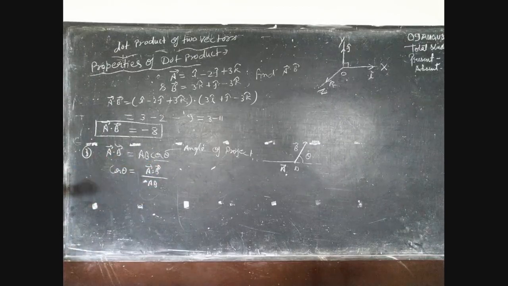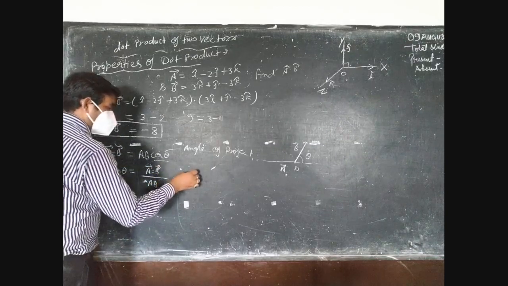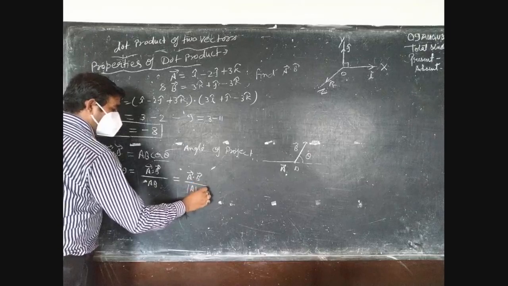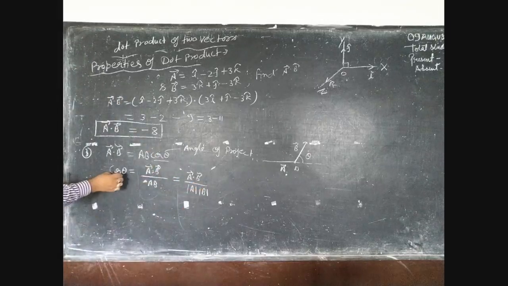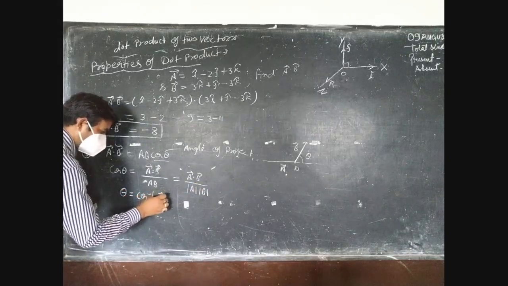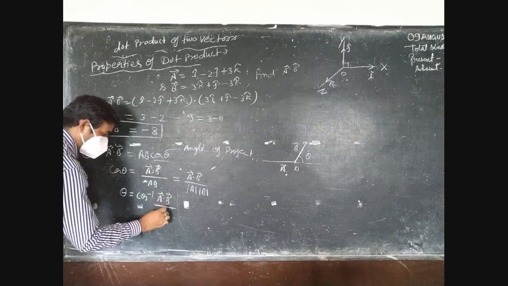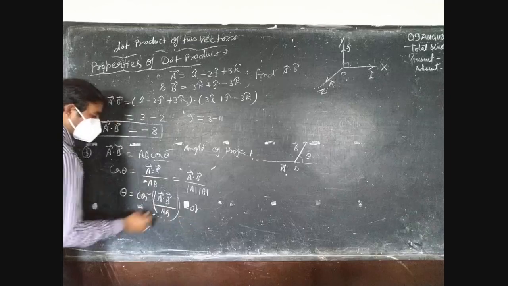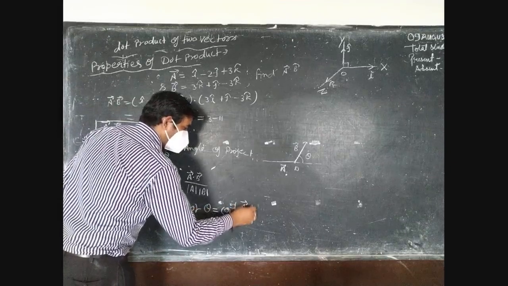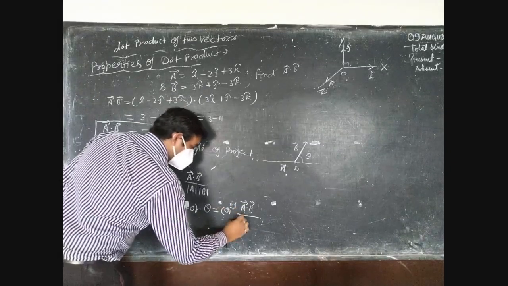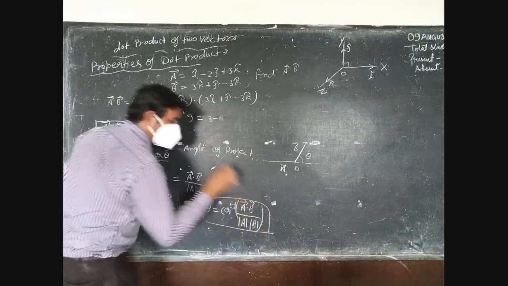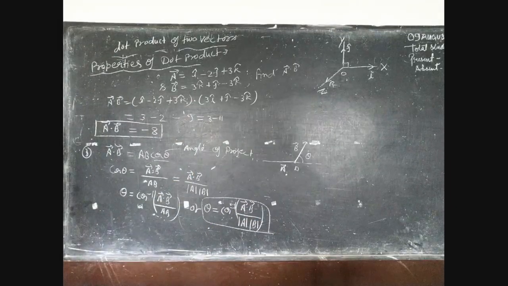The answer is the magnitude form, or you can say vector A dot vector B upon the modulus of vector A and modulus of vector B. Then the angle of projection between the two vectors is cos inverse of vector A dot vector B upon AB, or you can write it as cos inverse of vector A dot vector B upon modulus of vector A and modulus of vector B. This is how we calculate the angle of projection between the two vectors.